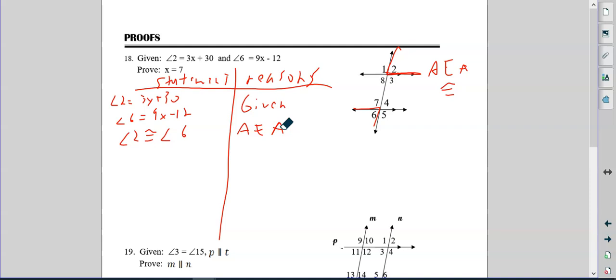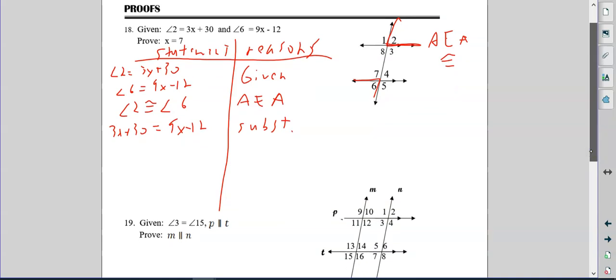Then we say 3x plus 30 equals 9x minus 12. And what we did is substitute in 3x plus 30 for angle 2, and 9x minus 12 for angle 6. And now we're going to go back to the very first type we learned how to do, which is to solve algebra.